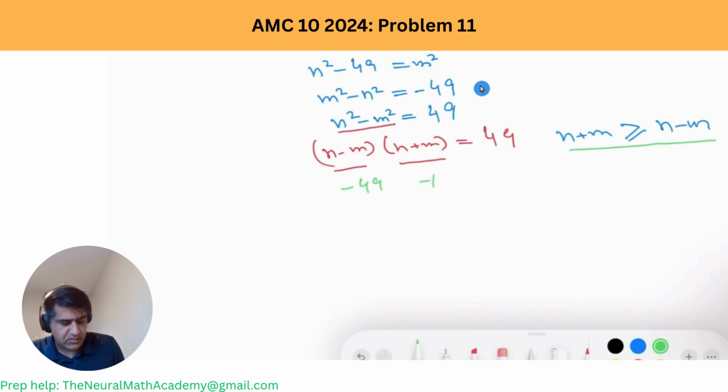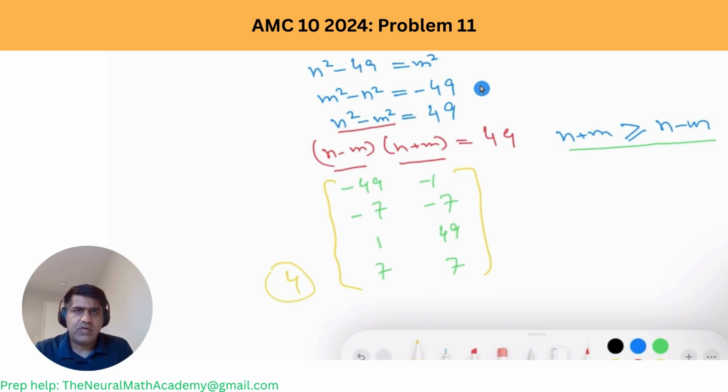The second pair that is possible is minus 7 and minus 7. The next possibility is 1 and 49, and then we can have 7 and 7. So the total number of pairs possible is 4.